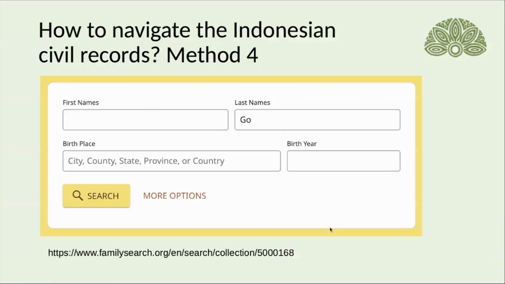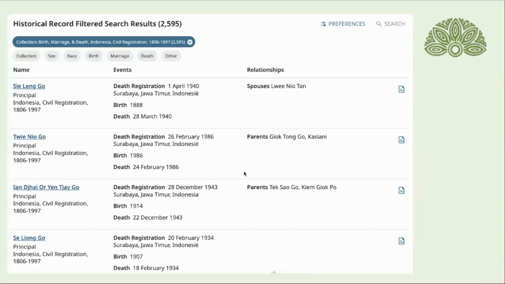What else is in this database? I'm using now a very common Indonesian Chinese name, Go, and let's see how many hits we get. We get quite a lot of results, 2,595 results, of all people with the family name Go.